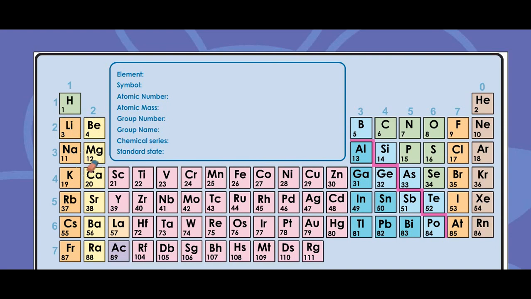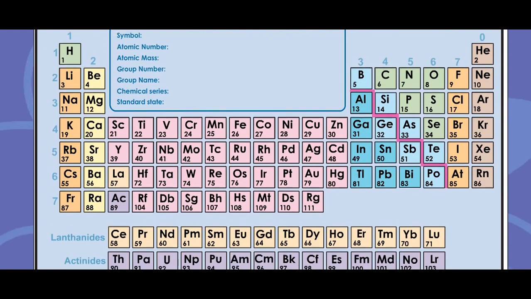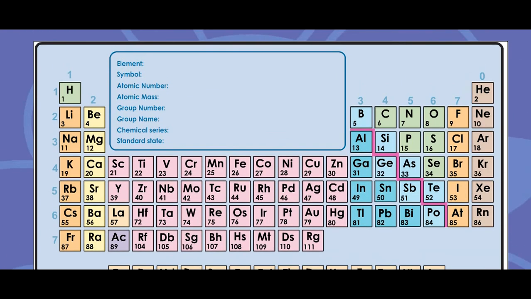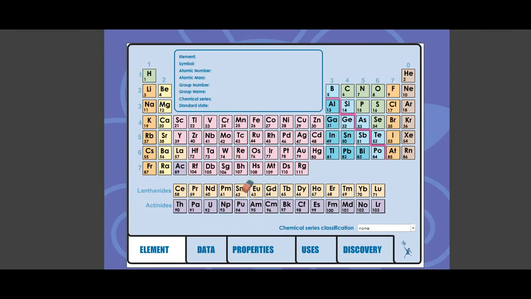What you'll start finding is that all of the elements in this rectangle are going to be the s sublevels. This block over here that's 6 wide and goes all the way down to the bottom is going to be the p sublevel elements. These in the middle are the f sublevel, and these down here on the bottom are the d.